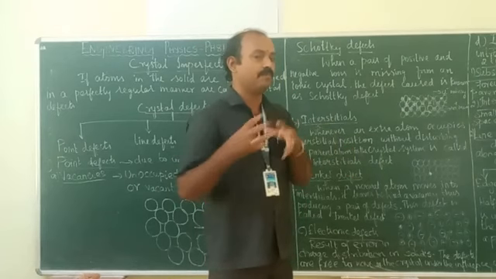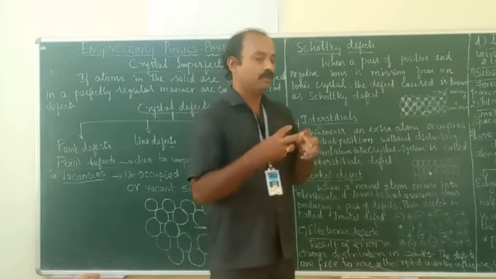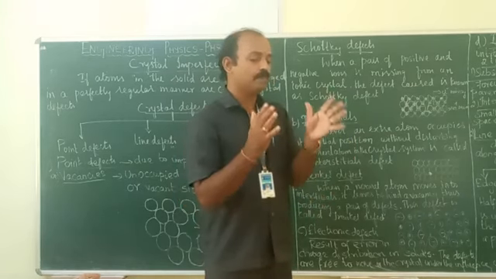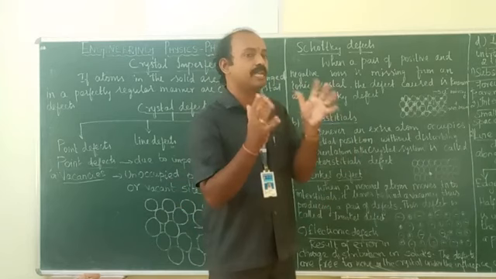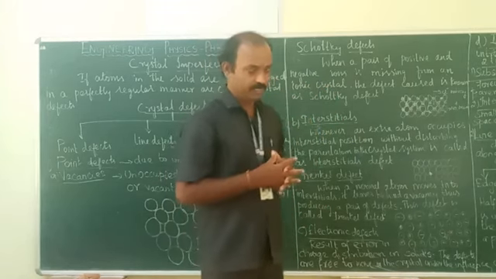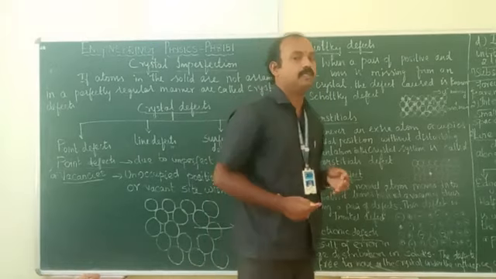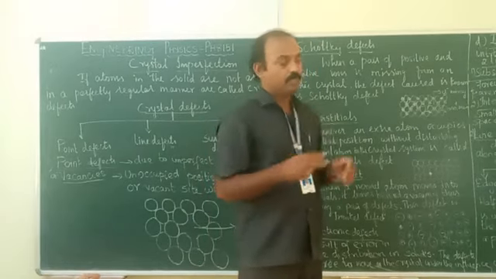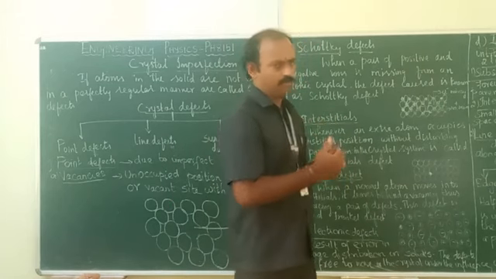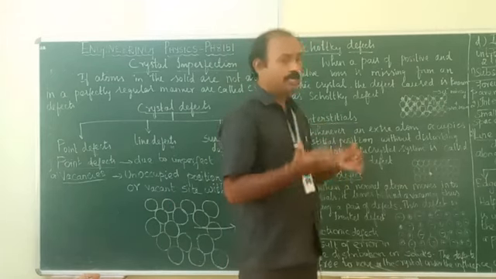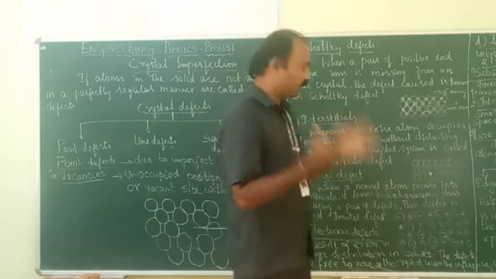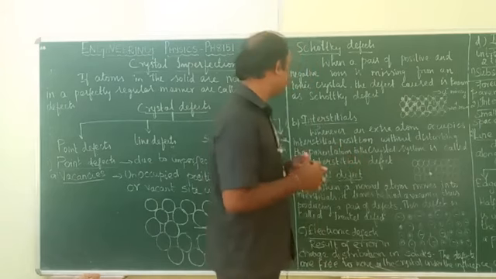If the pair, that is one positive sodium and one negative chlorine, goes missing from this arrangement, the place becomes vacant. Such imperfection is named the Schottky defect. So only one atom missing is a vacancy. If two ions, positive and negative, are missing, that leads to a defect named the Schottky defect.